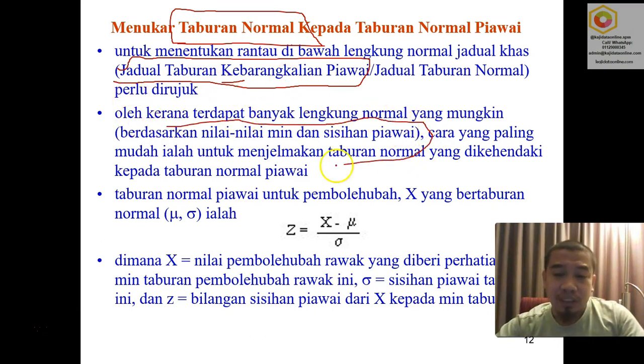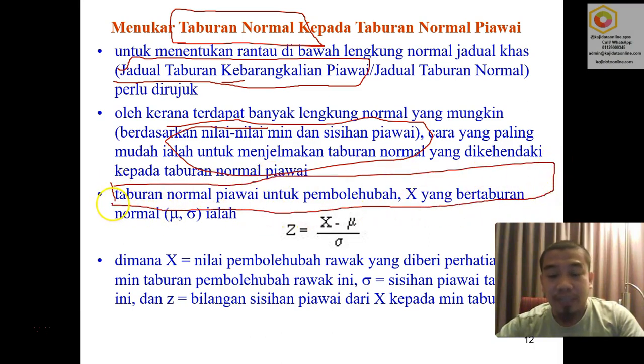Because there are many things we need to consider, we have to understand the formula that you can use to convert any of your x. x is your variable, anything that you want to convert into a z-score, or the area under the curve in your standard normal tabulation table. We can use this formula: z is equal to x minus mu, divided by sigma. So x is any data associated with your variables, minus mu, the mean, divided by the standard deviation.